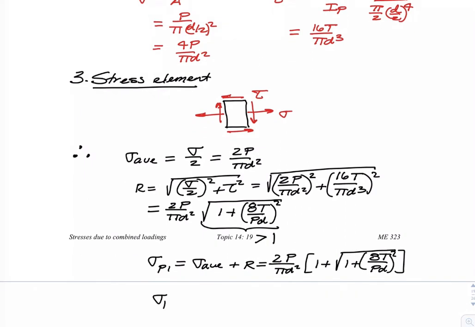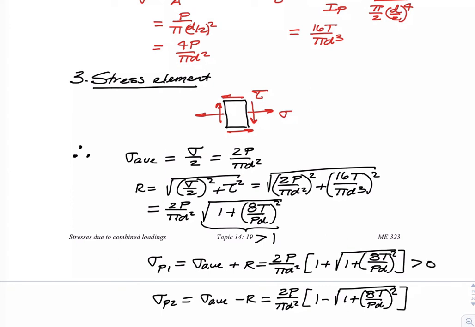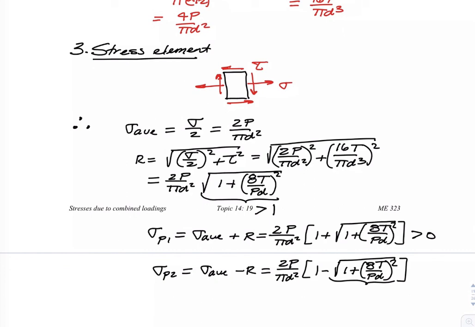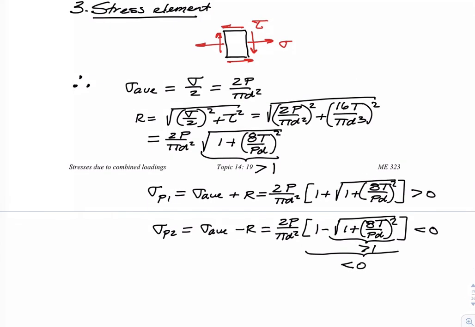And the other principal component of stress, sigma P2, we know is sigma average minus R. Given what we know about the size of R, we know that sigma P1 is positive. And since this number here is greater than 1, this number is negative. So when we draw our Mohr's circle, we know it's going to extend over there on the left-hand side.